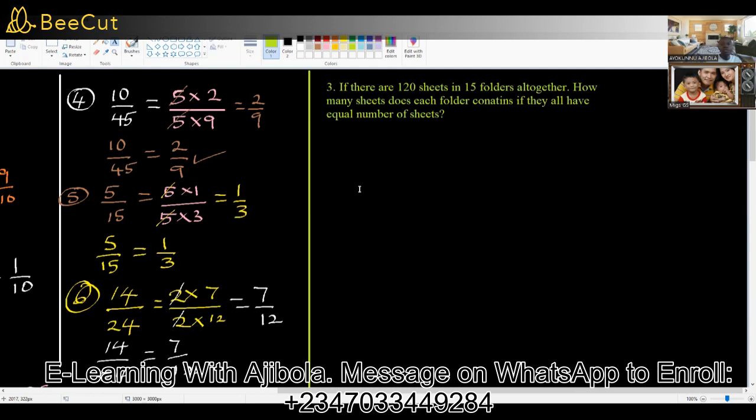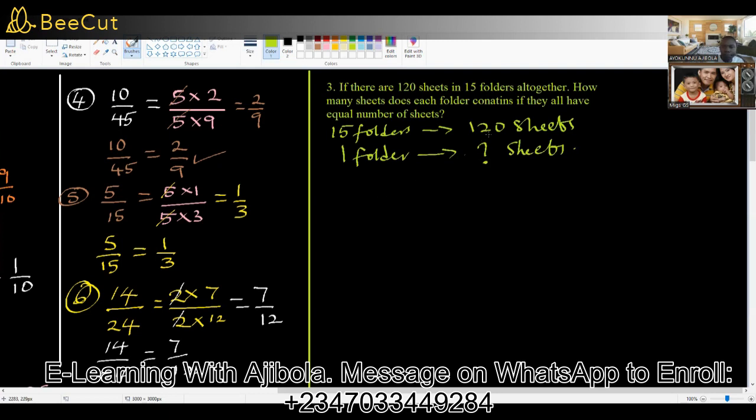So if there are 120 sheets in 15 folders altogether, in this case 15 folders contain 120 sheets. Then how many sheets will one folder contain? So one folder contains an unknown number of sheets, okay? And that is what we want to find.